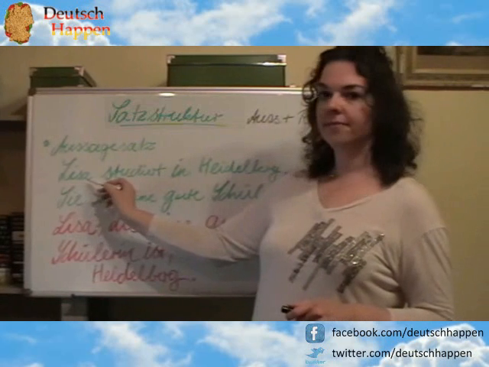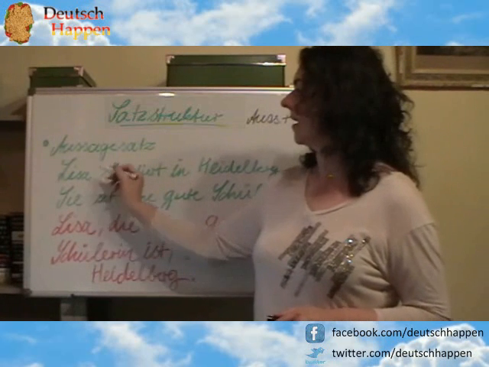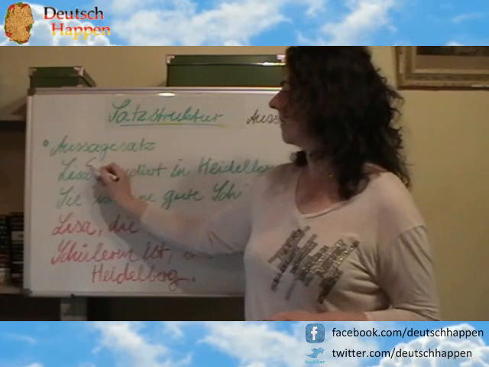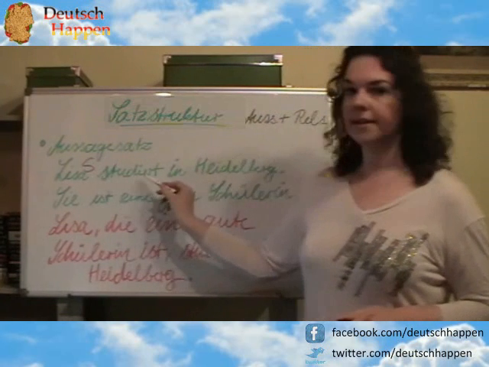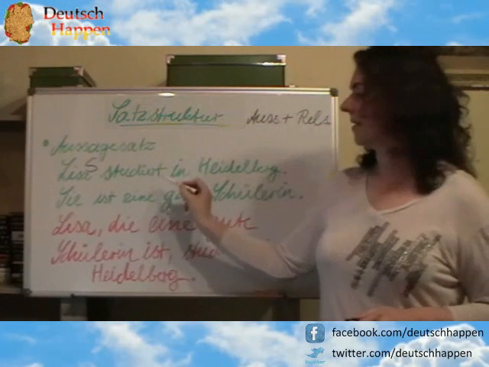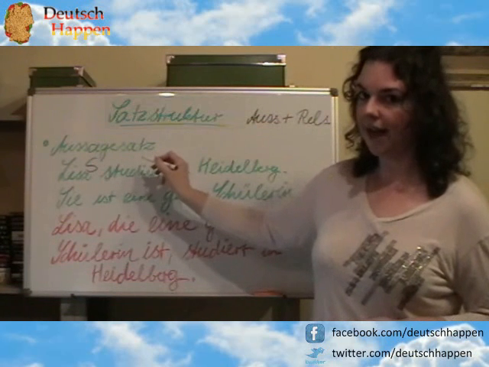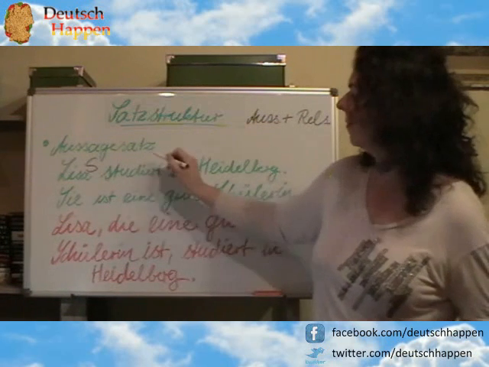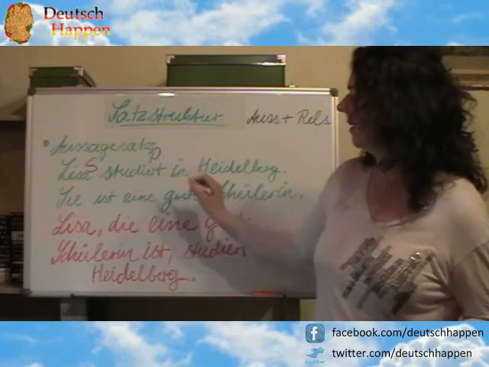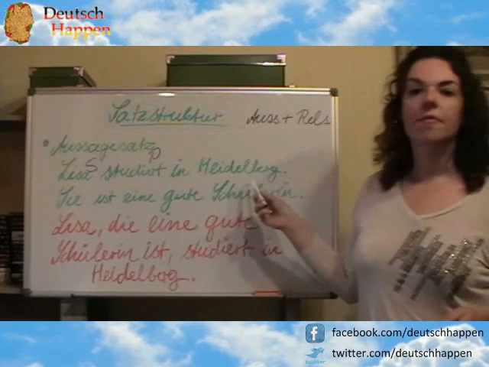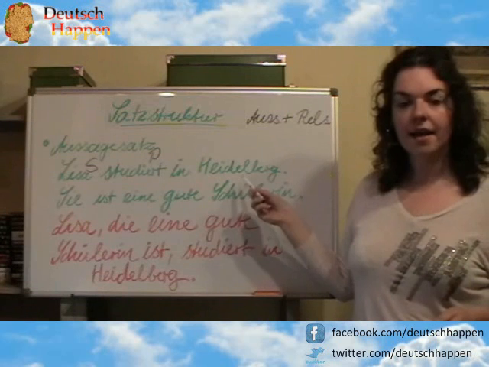So my subject, here of course this girl or young woman Lisa, is my subject. What does she do is our verb, or we can also call it Prädikat, meaning conjugated verb. So let's put a P. And where is she studying?